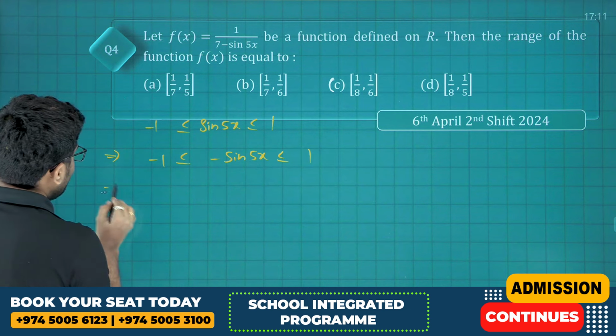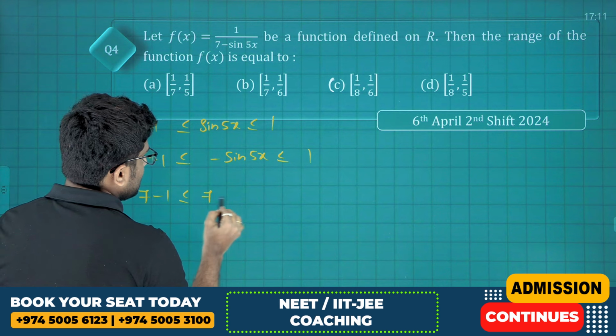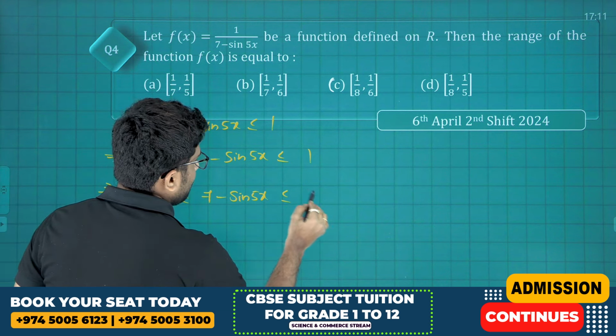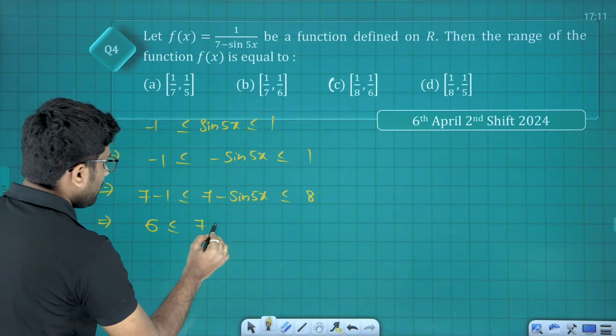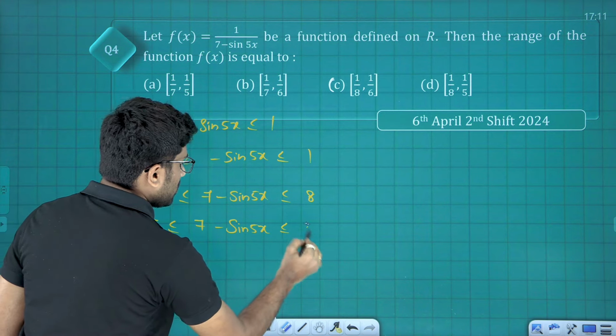Now if you add 7, so 7 minus 1 is less than or equal to 7 minus sine 5x, which is always less than or equal to 7 plus 1, 8. So that is 6 less than or equal to 7 minus sine 5x less than or equal to 8.